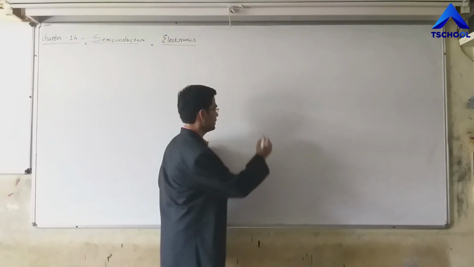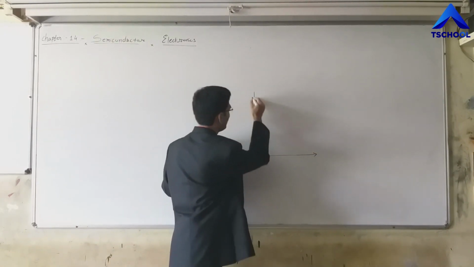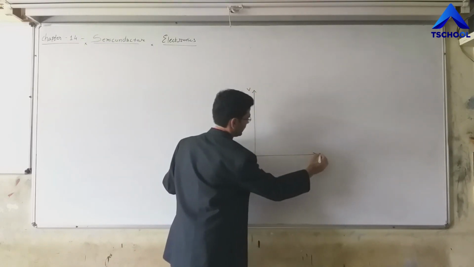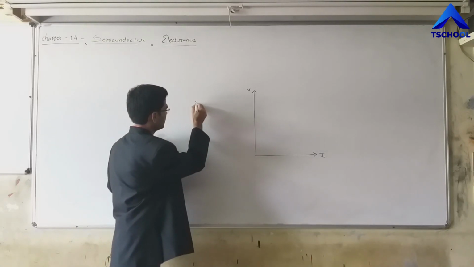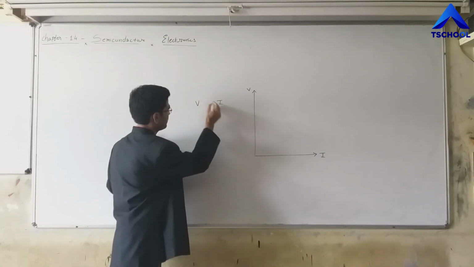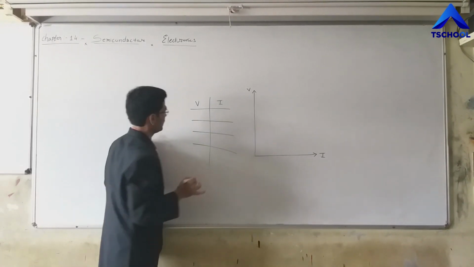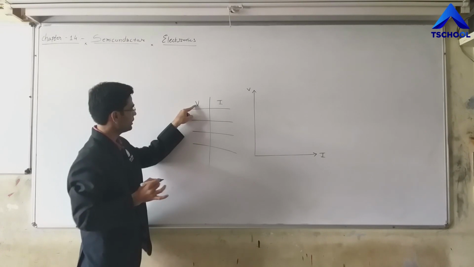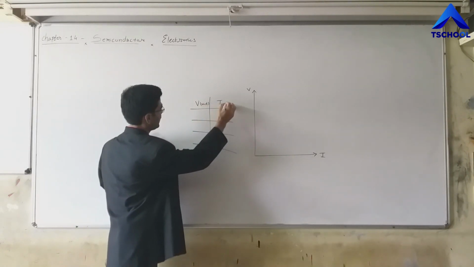In chapter number 3, the relation between voltage and current is like this. Suppose we take some values of voltage, V in volt, and I in ampere.